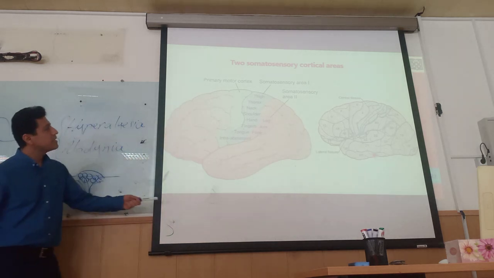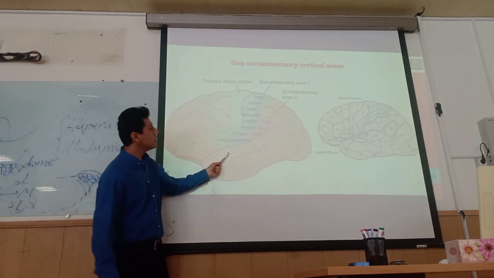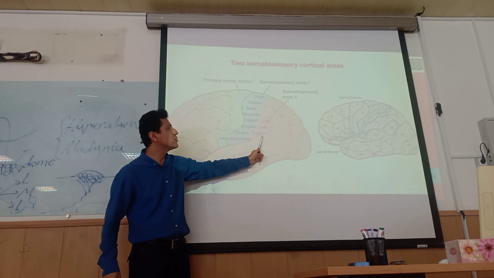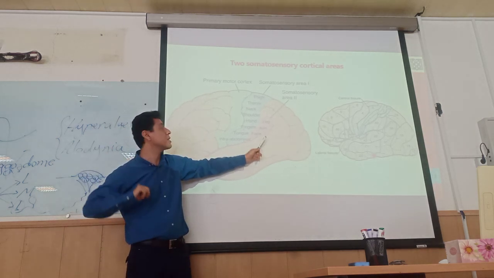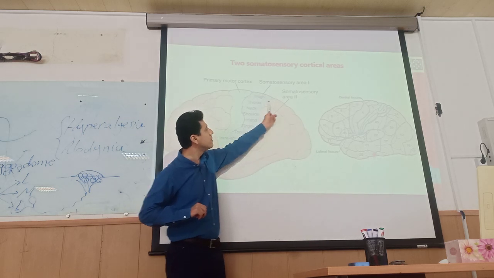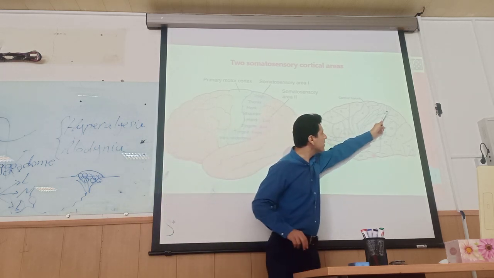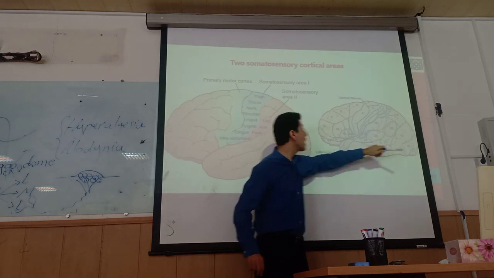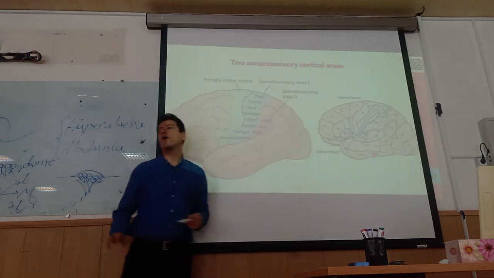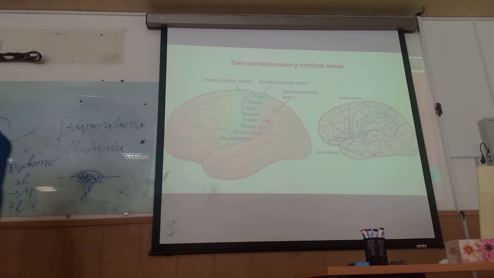I told you that we have somatosensory area 1, somatosensory area 2, but there are 2 other areas for somatic sensation, here, in Brodmann's areas 5 and 7. Okay? We call these areas the somatosensory association area.